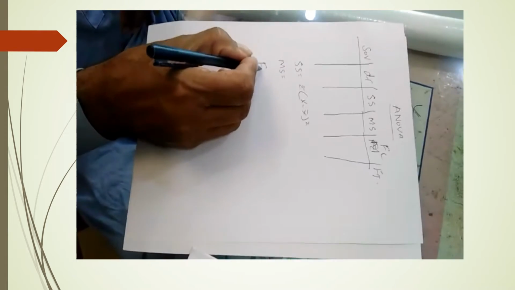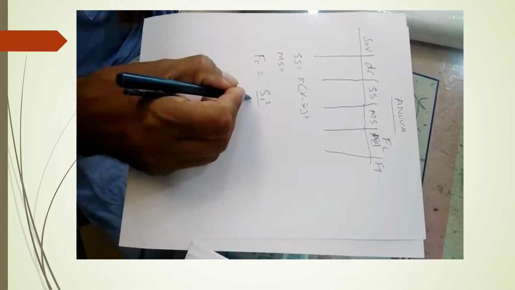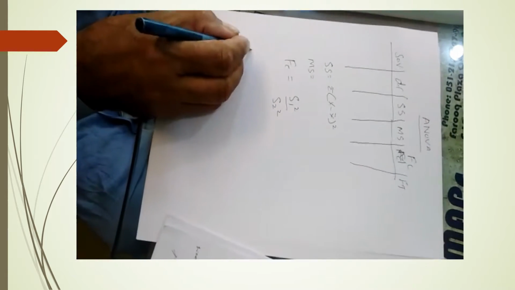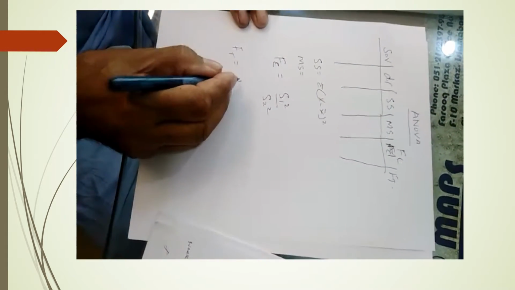FC will be equal to S1 square over S2 square, the ratio of two variances, and FT is the value of F from the table.